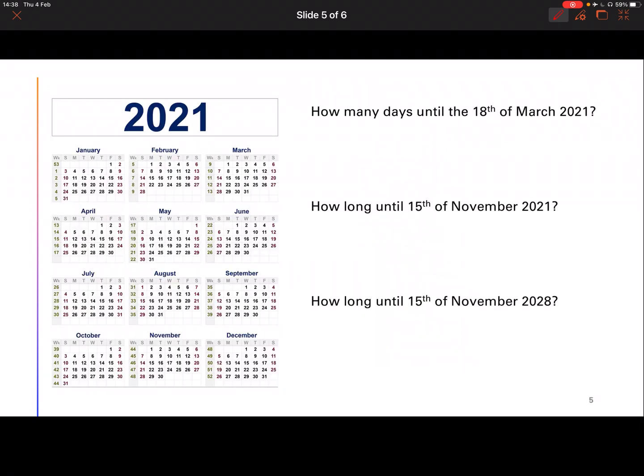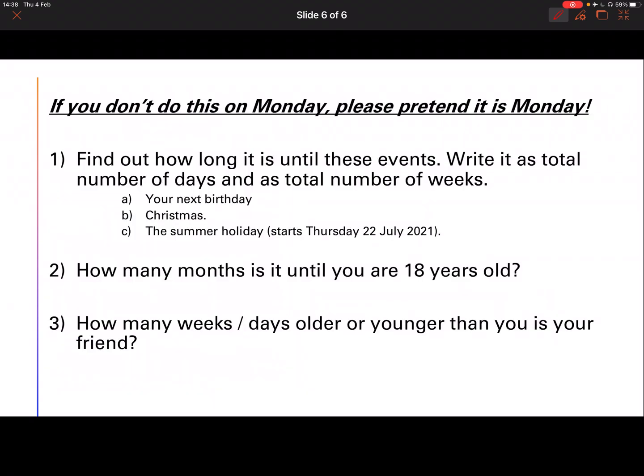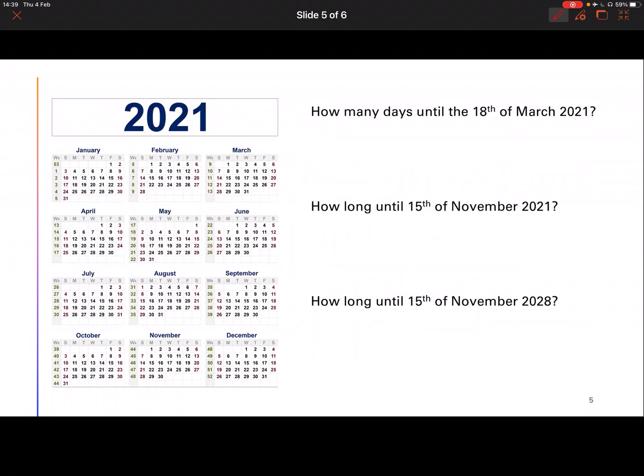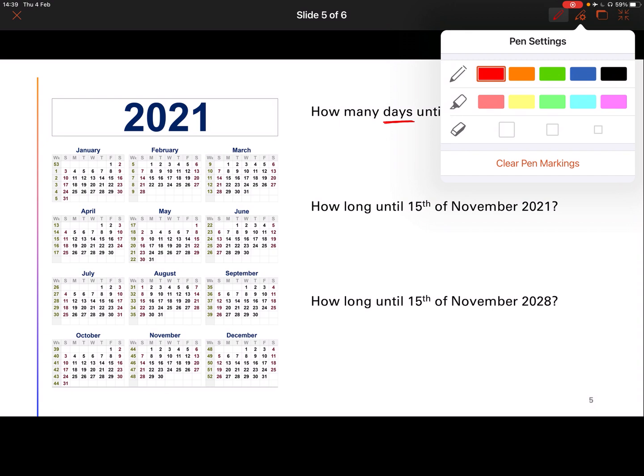But then we have these sort of worded questions, and these are going to be your worded questions. I'll go through some examples in a minute using a calendar, but not necessarily these ones. If the question asks you to say how many days, it's quite easy. You find the day that you're starting on, don't count the day that you're on.